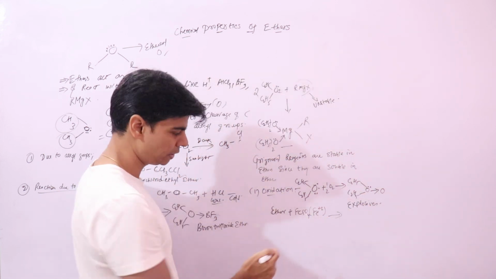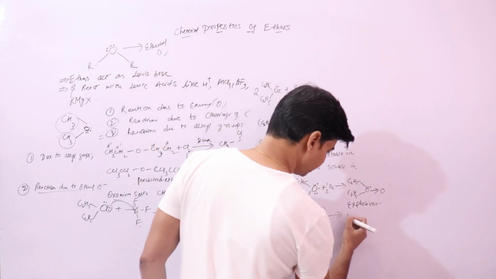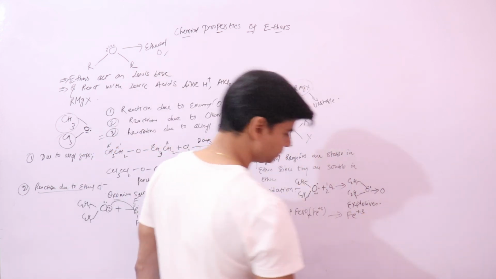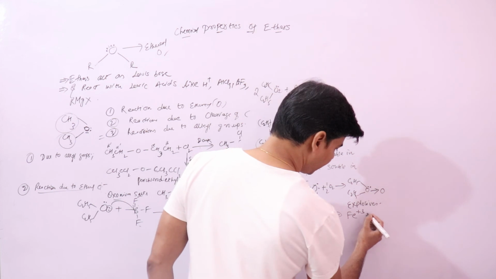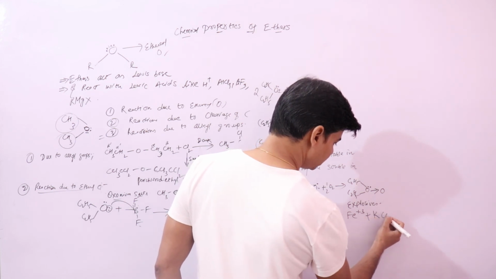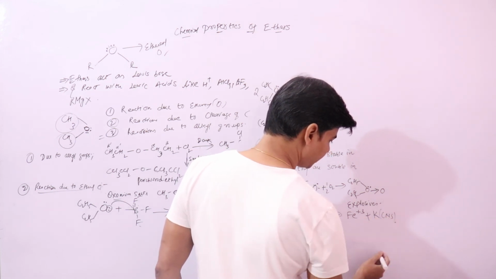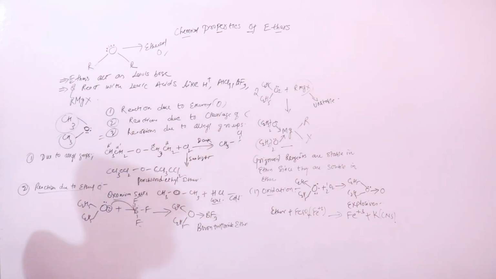If it has peroxide, it will oxidize this ferrous sulfate to ferric salt. Followed by adding potassium thiocyanate, KCNS, which will form red colored ferric thiocyanate.